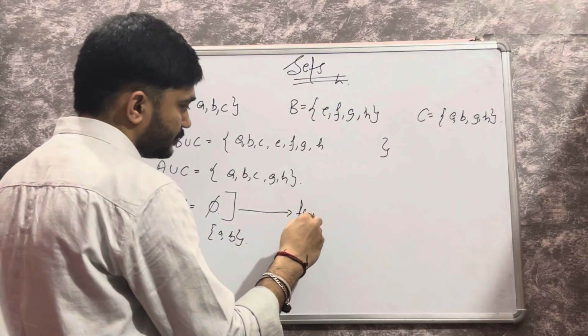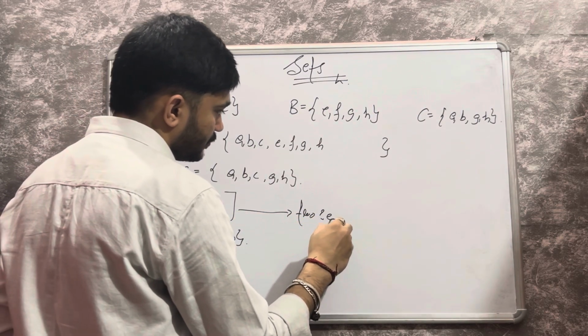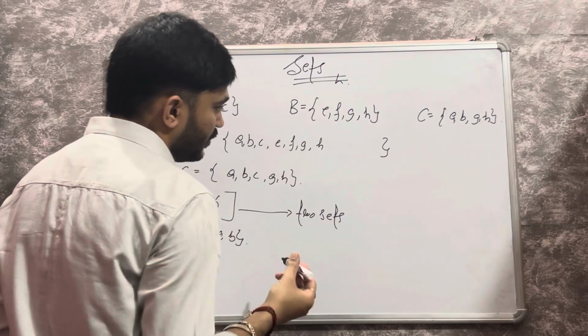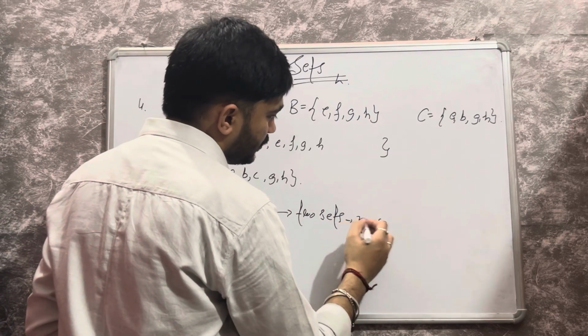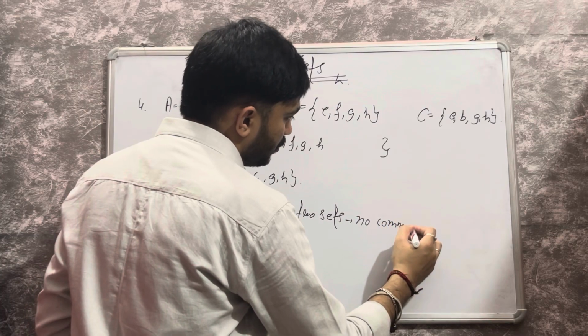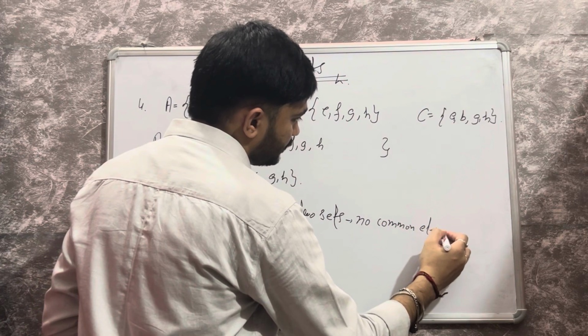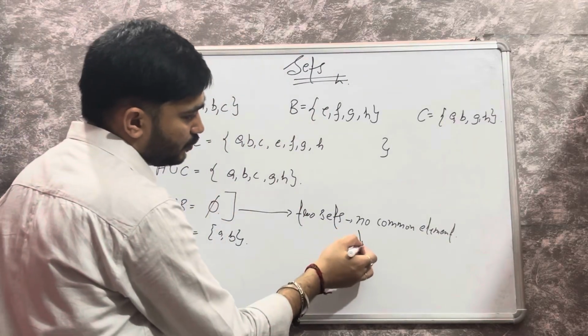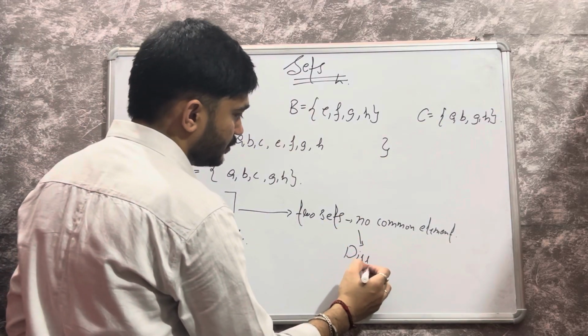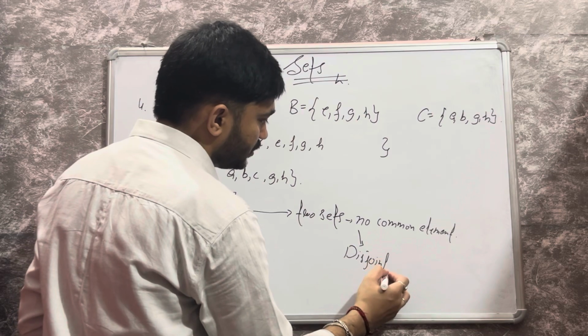Two sets which have no common element. No common element. These types of sets are known as disjoint sets. What are these known as?